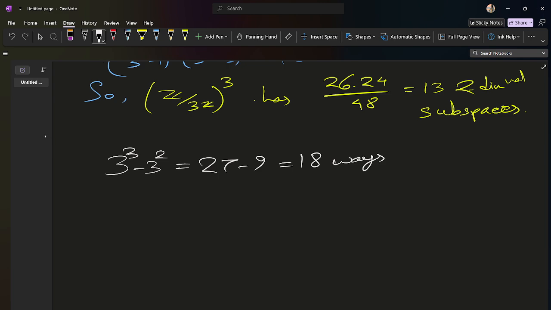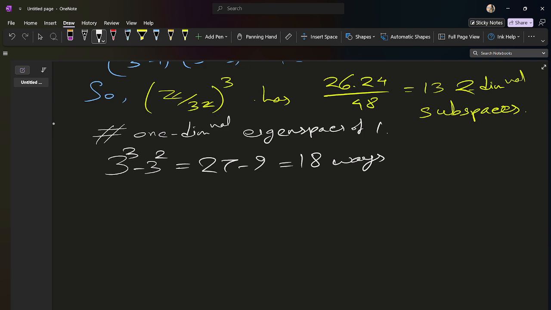We are finding the number of one-dimensional eigenspaces of 1.